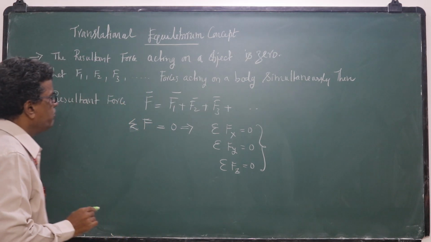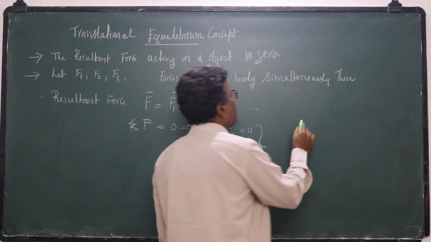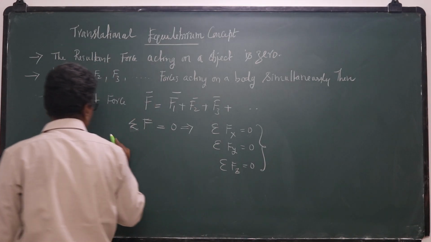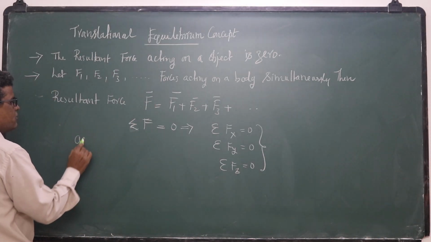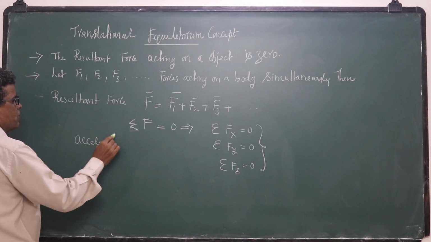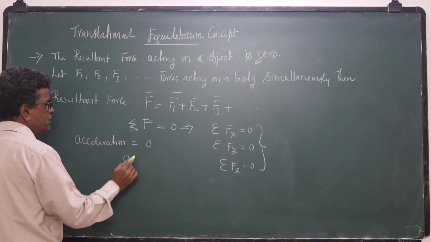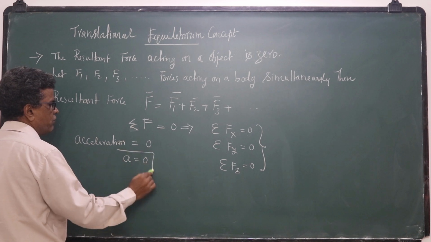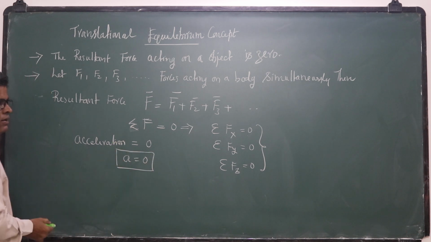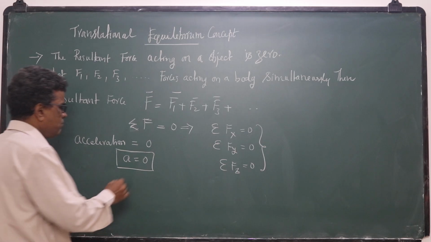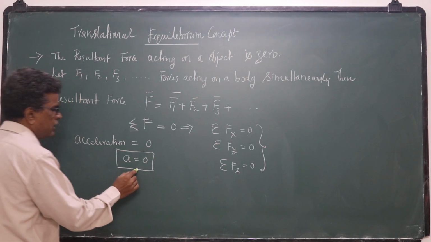So in translational equilibrium, if the resultant force is zero, then what is the acceleration? The acceleration of the body should be zero. So a is equal to zero. From Newton's second law, the acceleration of the system is zero. We have two possibilities.